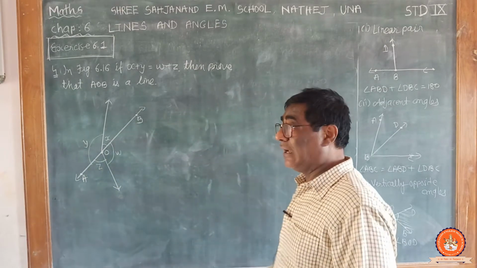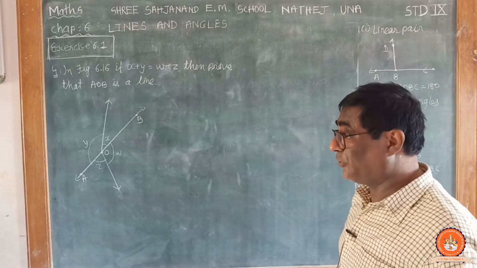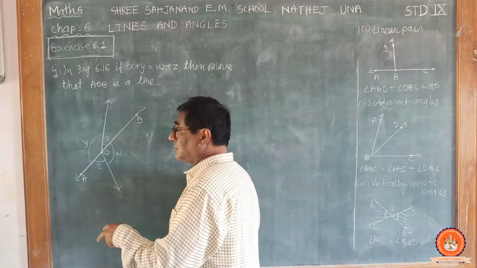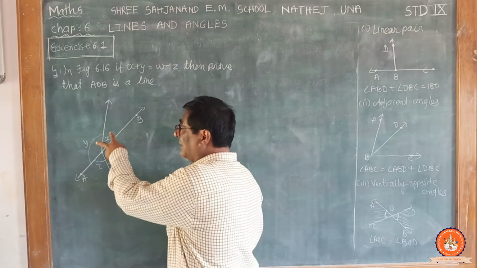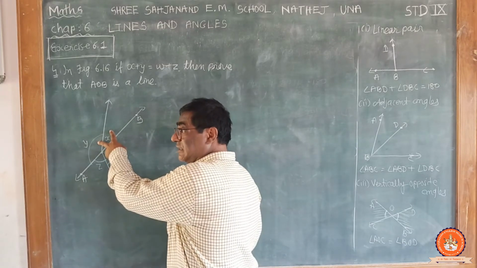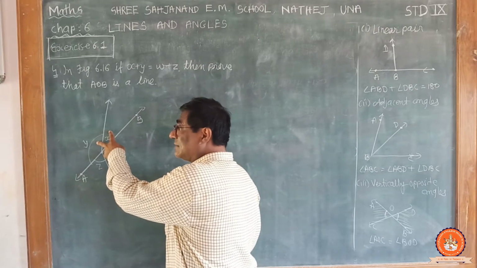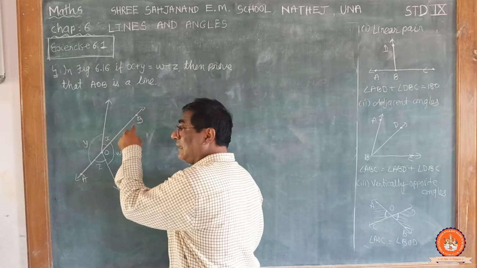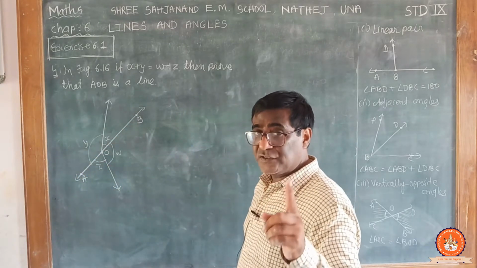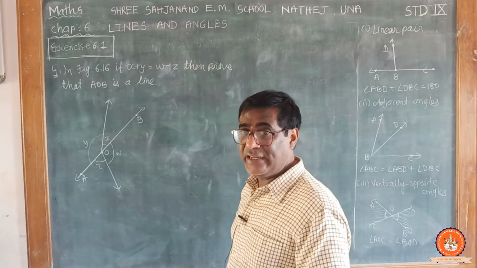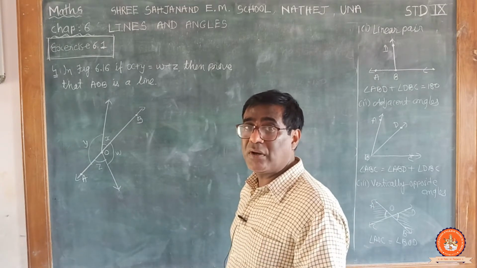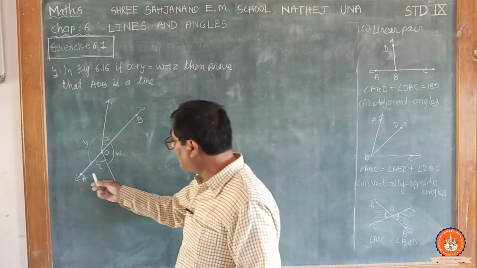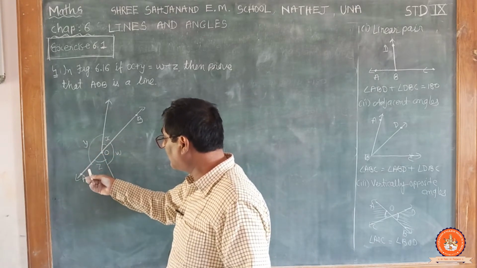My friend, as per axiom number 6.2, if the sum of two adjacent angles is 180, then their non-common arms form a line.